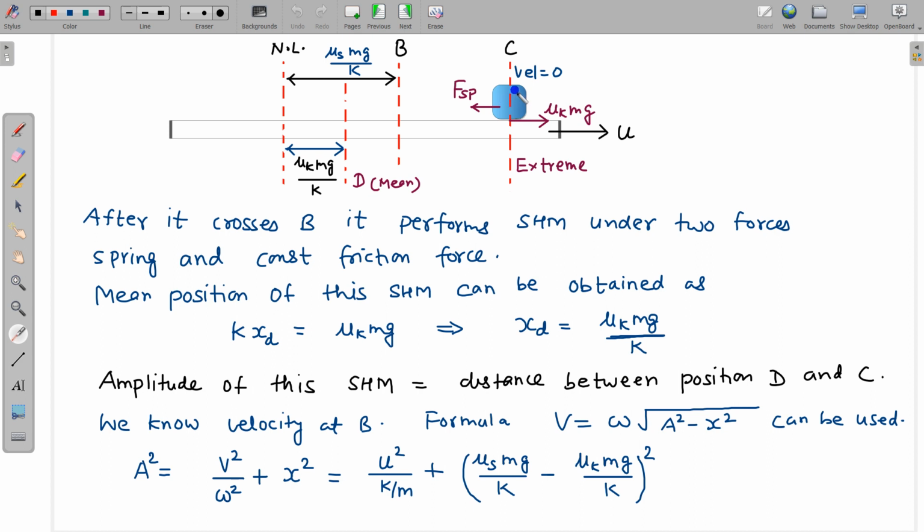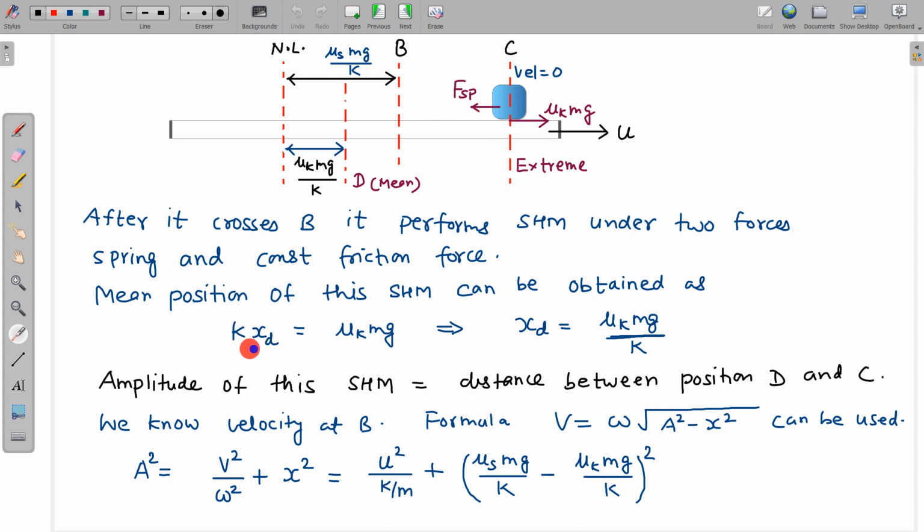Where is the mean position of this simple harmonic motion? To find the mean position, we balance the two forces, the spring force and the kinetic friction force. Wherever these two forces balance each other, that is the mean position for this SHM. Now forget about the constant velocity and all. We are concerned with the simple harmonic motion of this block.